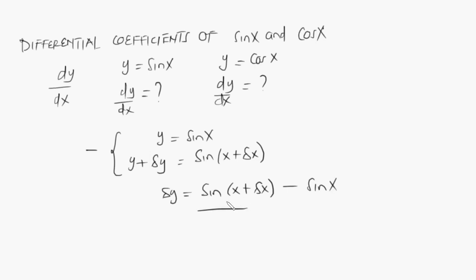Now I'm going to remind you of trigonometric ratios you studied in O-level. So I have reached here that delta y equals sine of x plus delta x minus sine of x.